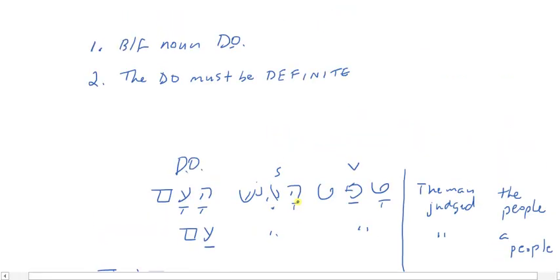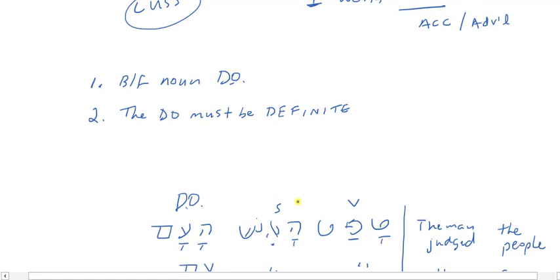So let me just spell out real quickly. There's really three ways to know that a noun is definite. The first way and the easiest way is if there's an article attached to it. The man, the heavens, the earth. Okay? So if you have an article, it's definite. But sometimes you might have a noun that doesn't have an article, but it's still definite by virtue of being a proper noun.